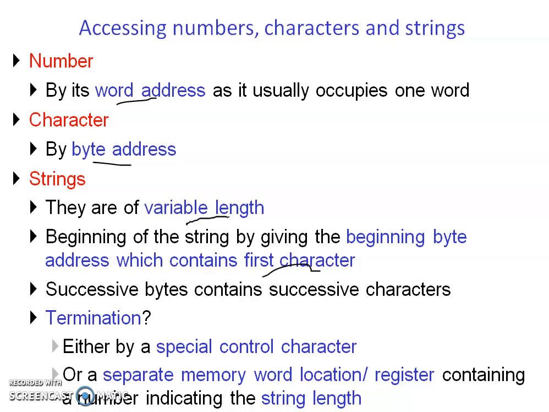So it is of variable length based on the string, and termination will be done either using some special control character, or using a memory word location or register containing the string length as a number. That is, you share the length of the string, and when it reaches that length, termination is done, or it is based on some special control character.